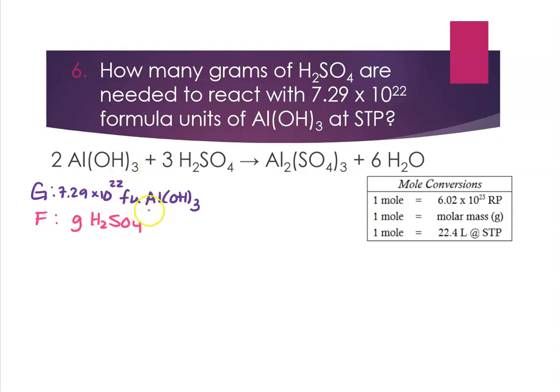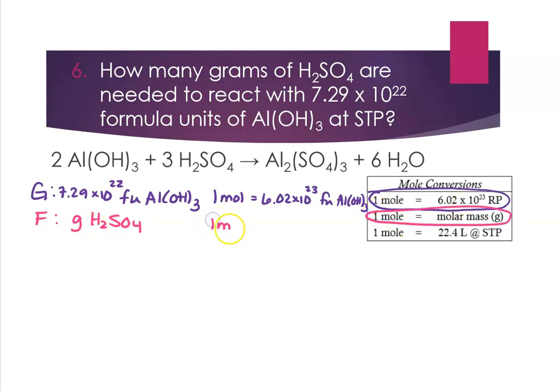Since we're starting with formula units, we'll need the formula unit conversion. Formula units are just particles. So 1 mole is 6.02 times 10 to the 23rd formula units of Al(OH)3. And then I'm finding grams, so my gram conversion is 1 mole is equal to the molar mass, and the molar mass of H2SO4 is 98.08 grams.